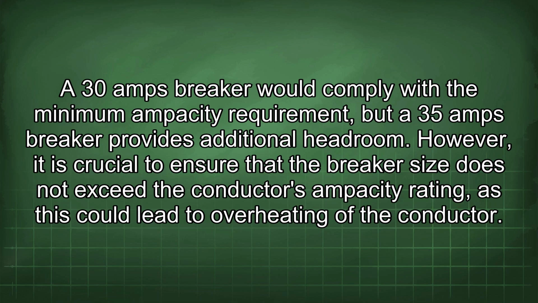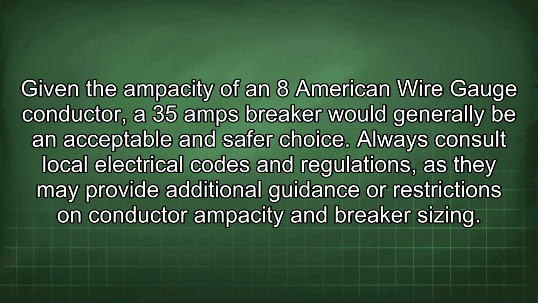A 30 amp breaker would comply with the minimum ampacity requirement, but a 35 amp breaker provides additional headroom. However, it is crucial to ensure that the breaker size does not exceed the conductor's ampacity rating, as this could lead to overheating of the conductor. Given the ampacity of an 8 American wire gauge conductor, a 35 amp breaker would generally be an acceptable and safer choice.